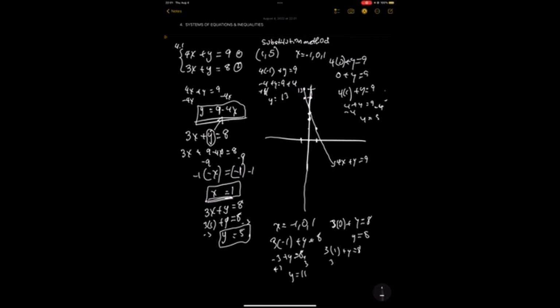So you get 3 plus y equals 8, and I subtract 3 on both sides. So I get y equals 5. Well, we already knew that. So at 1, guess what? At 1, y is again 5, which is the same as right here.